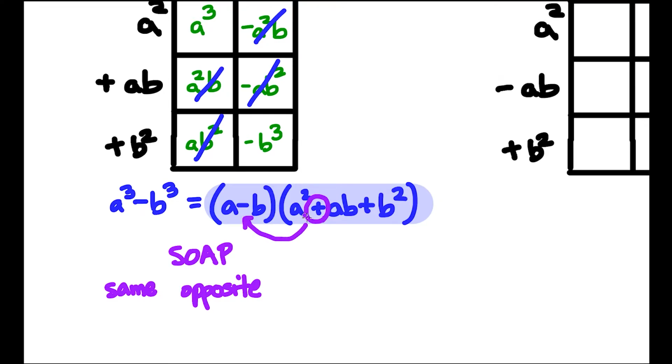So that's negative, this has to be positive. And then the AP stands for always positive. Okay, if you notice this one right here, it's always going to be a plus. So you can use SOAP to try to remember the operations, this one and this one.